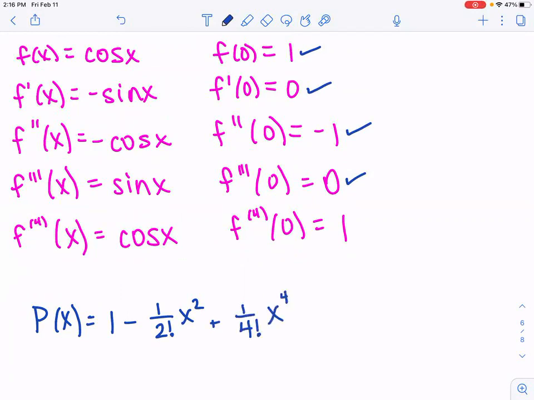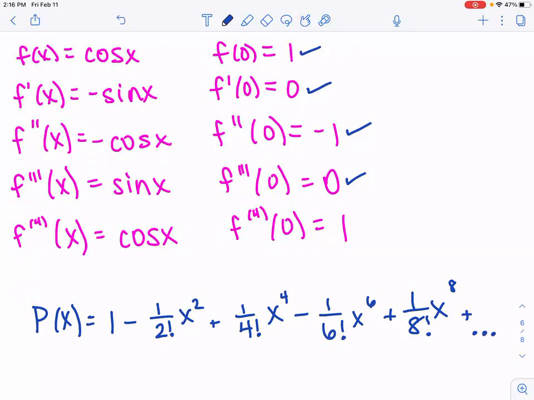And because we know what's happening, what's going to be the next term? Okay, 0x to the, yep, then plus 1 over 8 factorial x to the 8th, right? And then we can keep going on and on and on if we want to. And that is where this is going, is eventually we're going to write this as a series, but that's going to be here in about a week and a half.